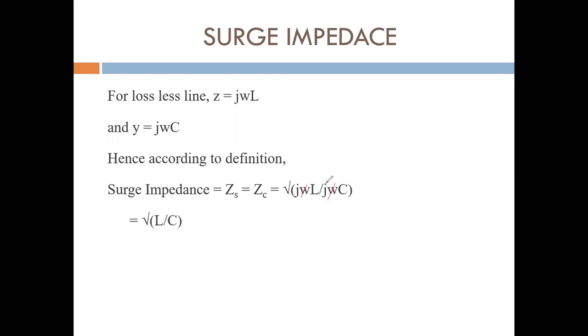Then we obtain the square root of L by C. Therefore, the surge impedance ZS, or the characteristic impedance ZC, is equal to the square root of L by C.